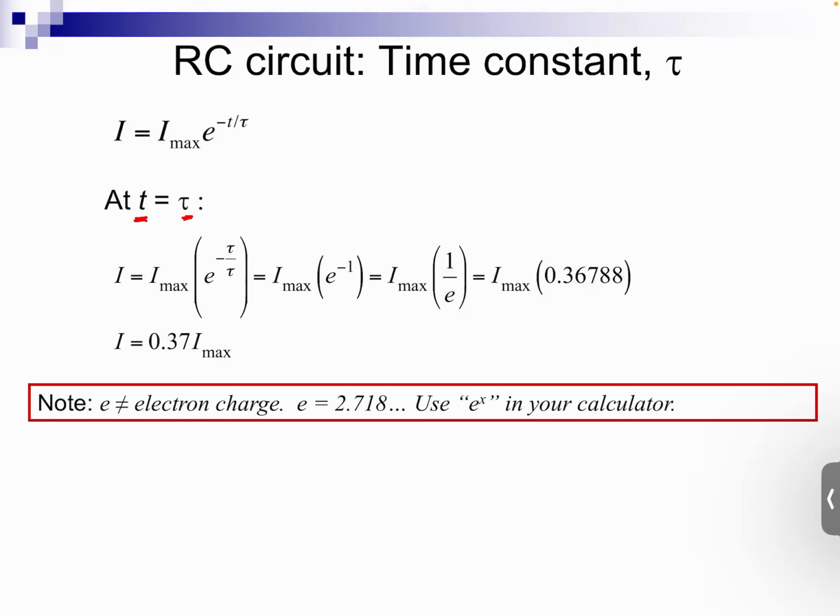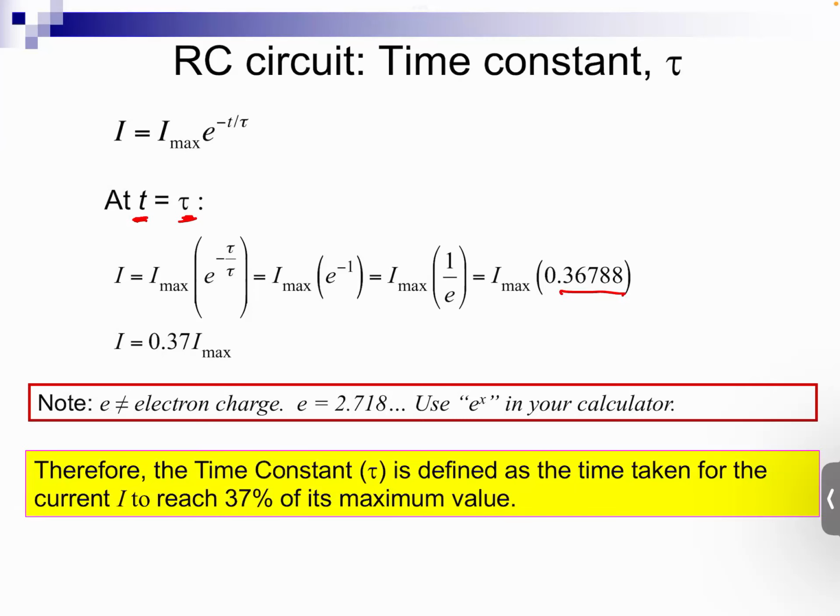Hence, at time t equals tau, the current in your circuit is 0.37, or 37% of the maximum current originally flowing in your circuit. Hence, we define tau, the time constant, as the time taken for the current to decrease to 37% of its maximum value.